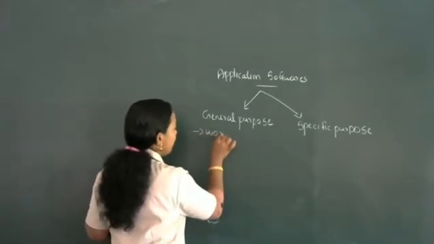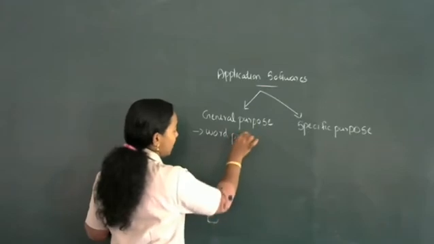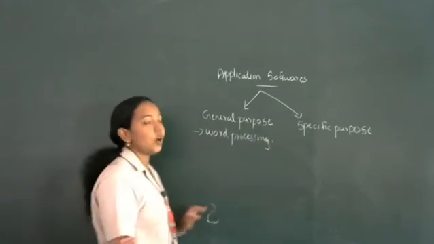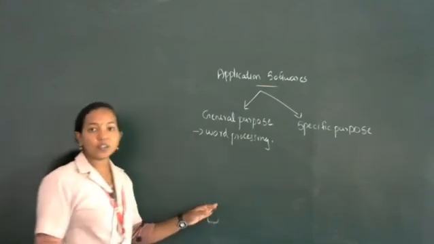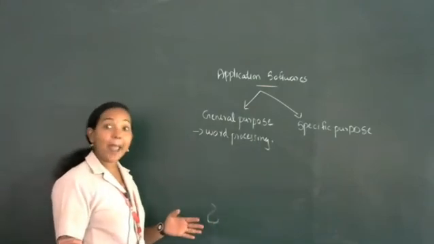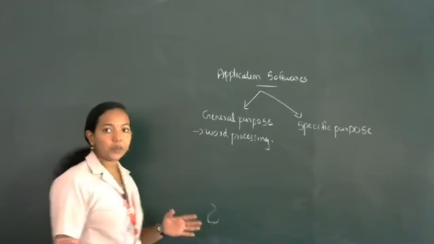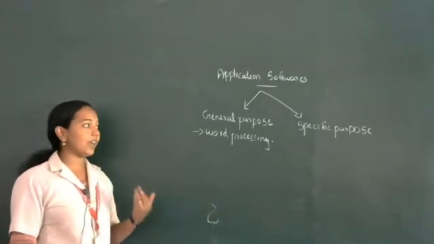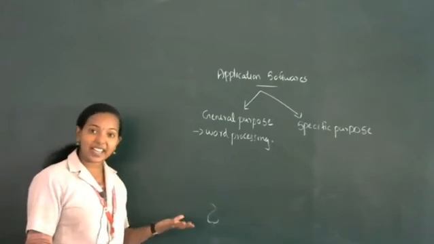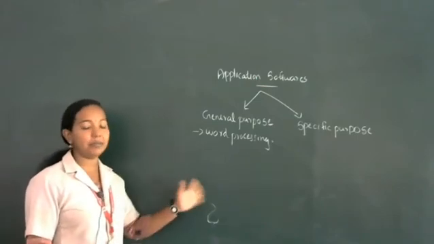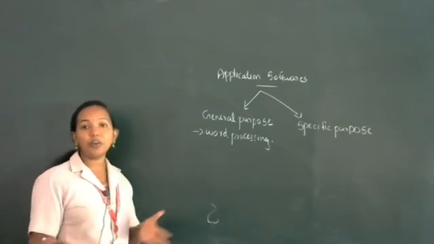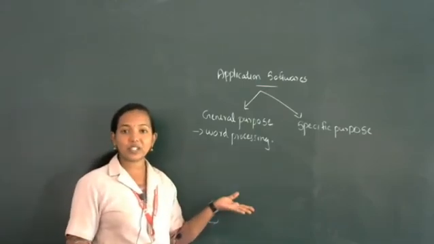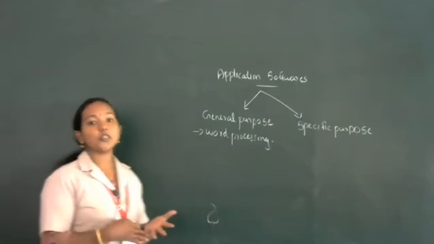First one is word processing software. An example is MS Word. For what are we using MS Word? For typing a letter or text. We can edit the text, align it left or right, and modify it. So for managing text we are using word processing software.